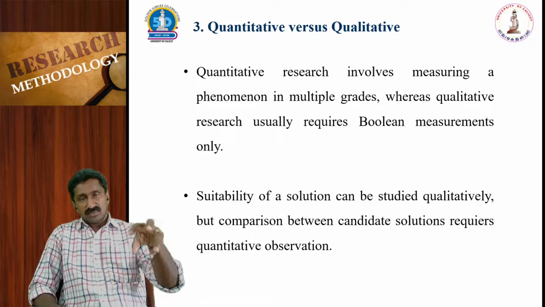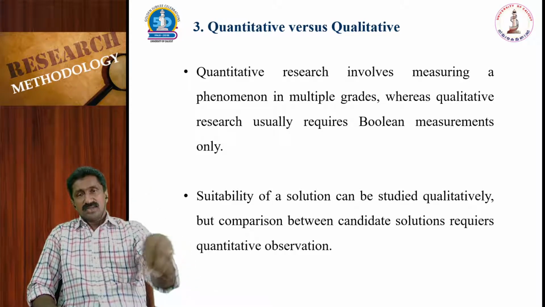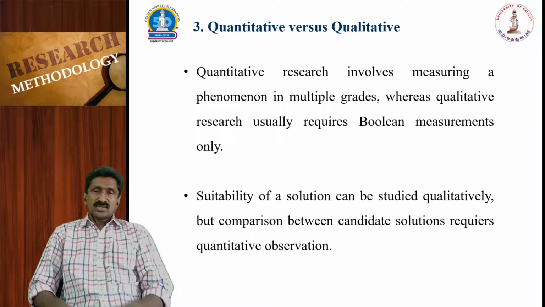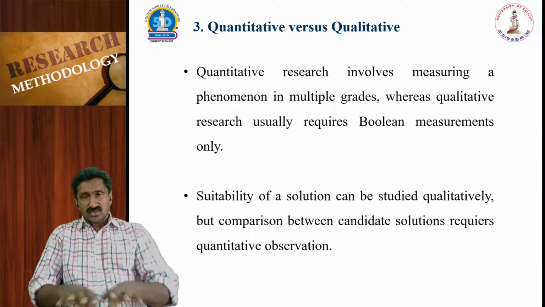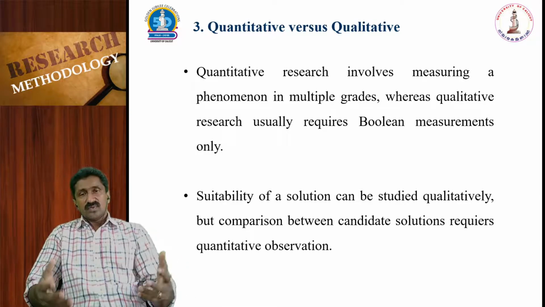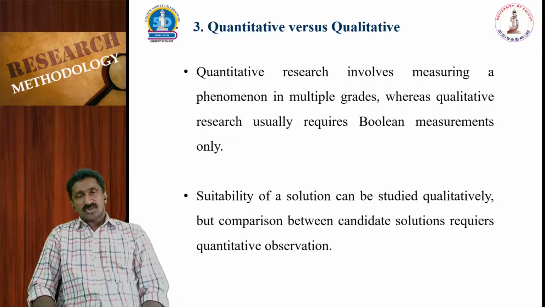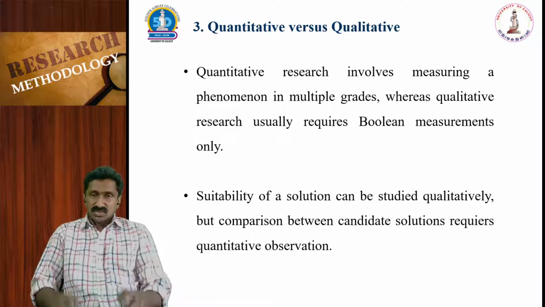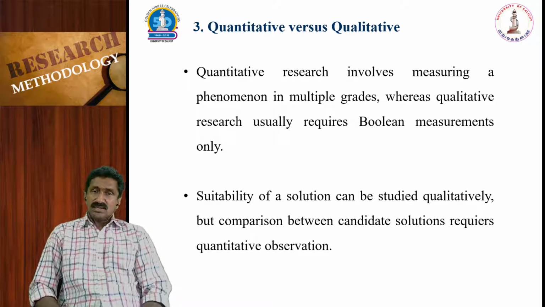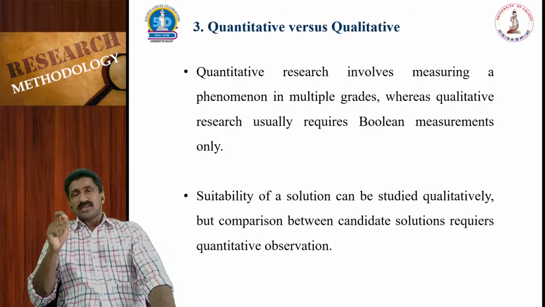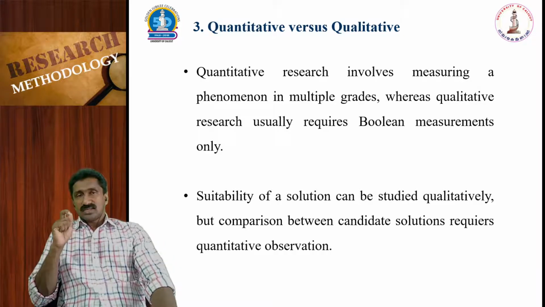Or whether COVID will affect elderly people, youngsters or even children, so you can group them, and the suitability, for example vaccine efficacy or COVID mortality, can be measured qualitatively based on such groups. Whereas if you want to compare between candidate solutions, that requires quantitative observations, then you require quantitative research.